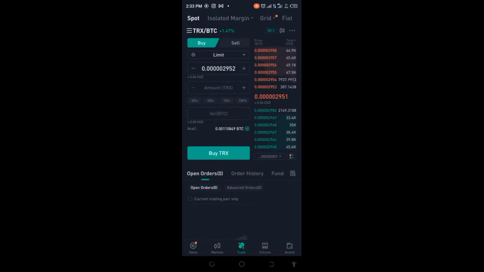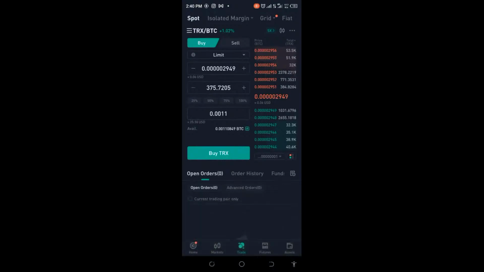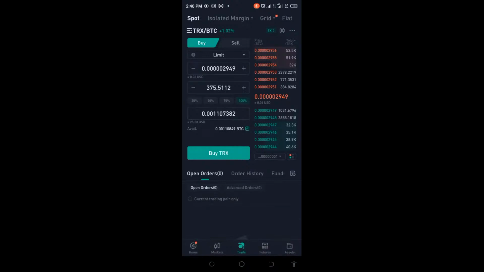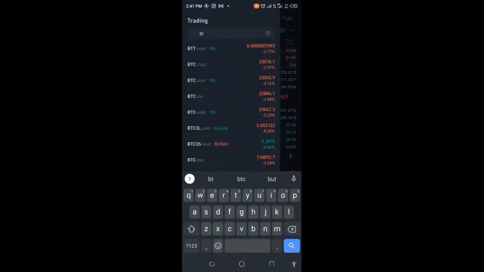Okay, so this is what we have right now. As you can see, we need to change this to what we can actually use and make this profitable for us. Let me see if I put 100% here, what's that going to be? 375.51. If I change this to BTC USDT, what would that give me?